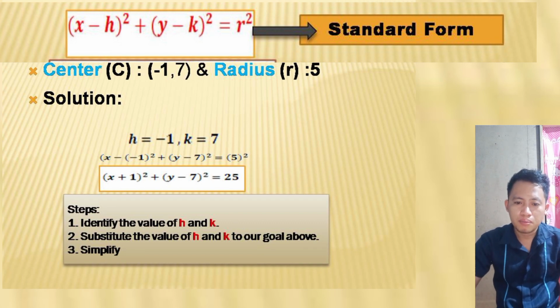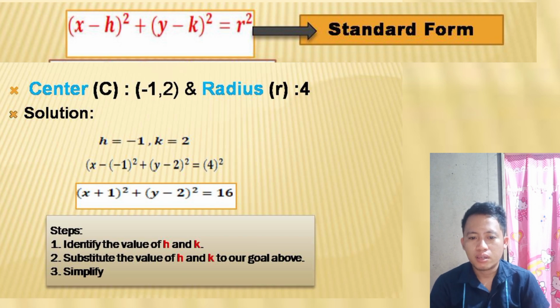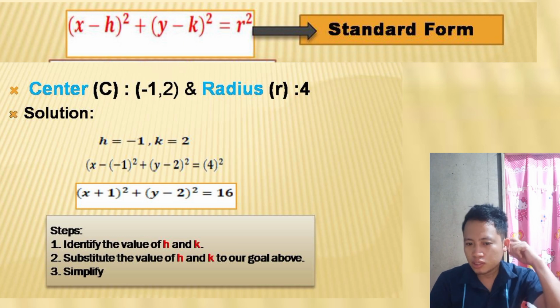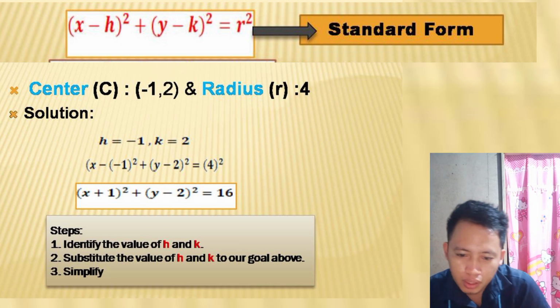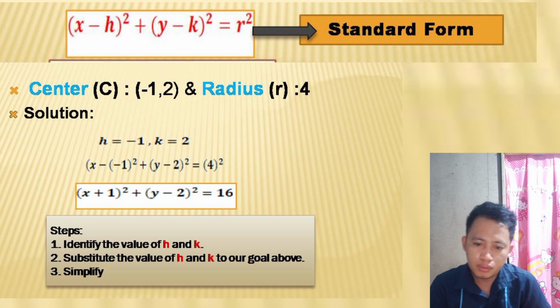Let's have another example. Example number 2, same form. We are given a center and a radius. So a center of -1, 2 and a radius of 4. First and foremost, find the values of h and k. We have h equals -1 and k equals 2. We have x minus -1 squared, so -1 coming from the value of h, plus y minus k.